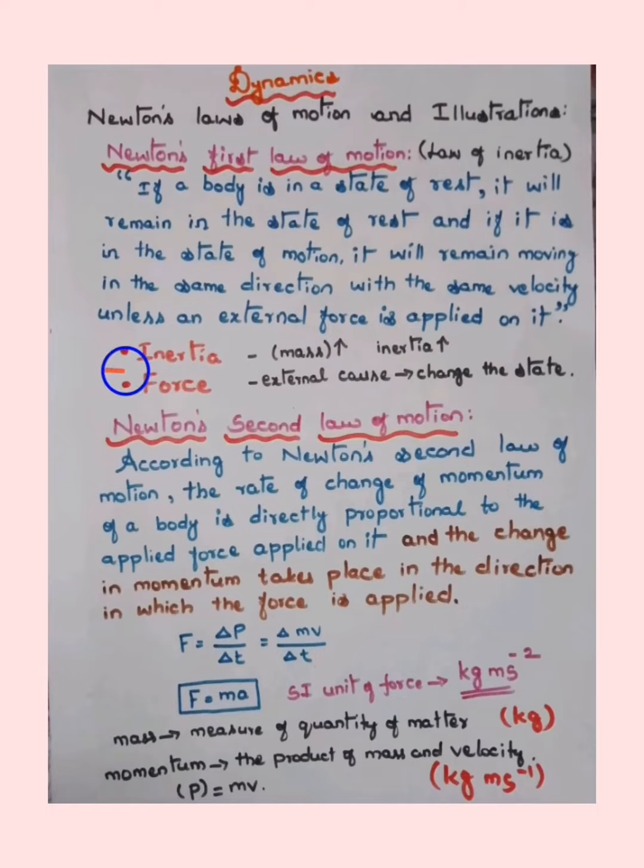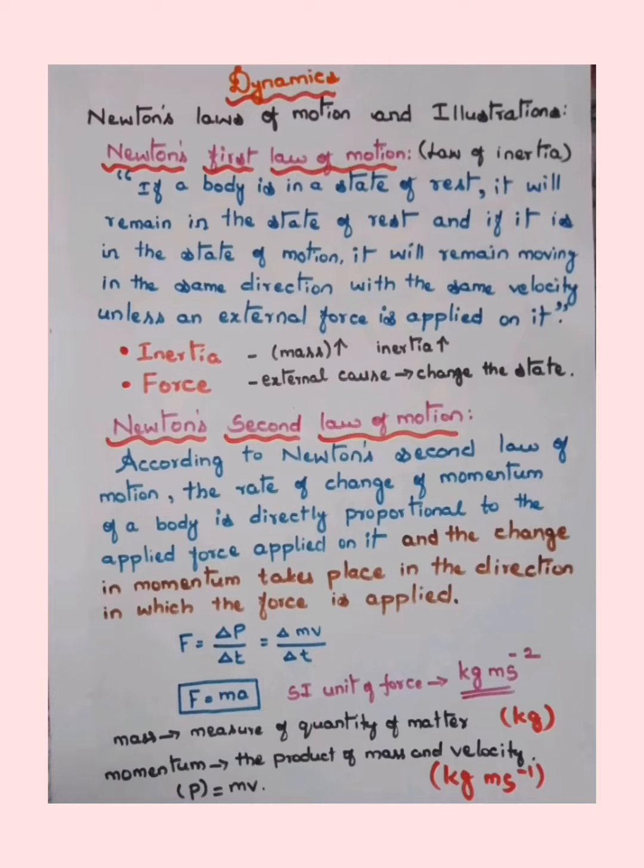There are two key terms related to this: inertia and force. This state of being, whether at rest or in motion, is called inertia, the property of the object. When the inertia of an object is to be increased, the mass has to increase. When the mass of an object is increased, inertia also increases. Force is the external cause which brings a change in the state of an object.